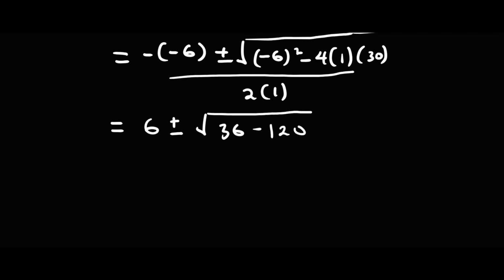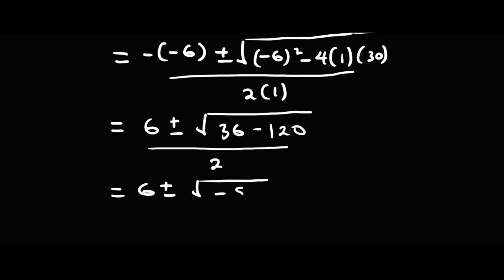So we have minus 120, and that is over 2 times 1, which is just 2. So it means we have 6 plus or minus under the root, that is 36 minus 120, that will be minus 84. So we have minus 84, and that is over 2.